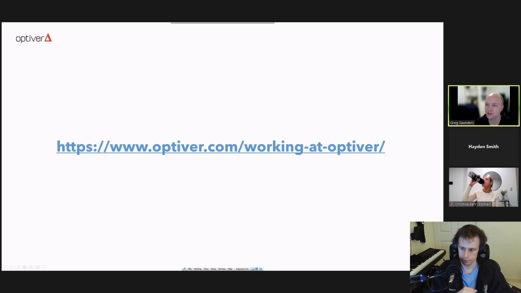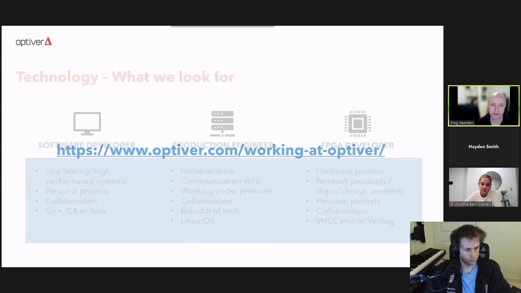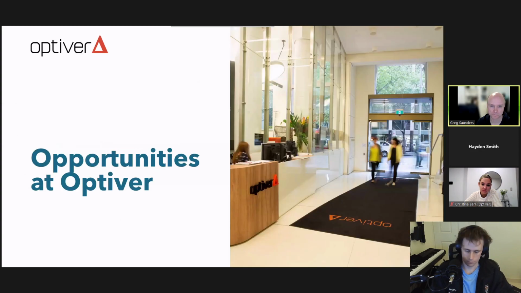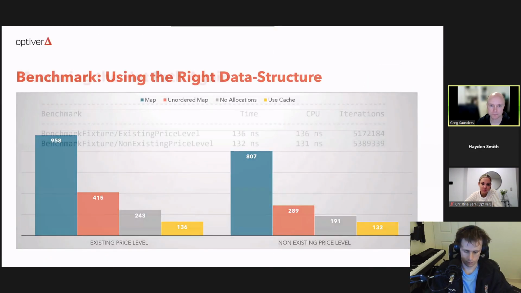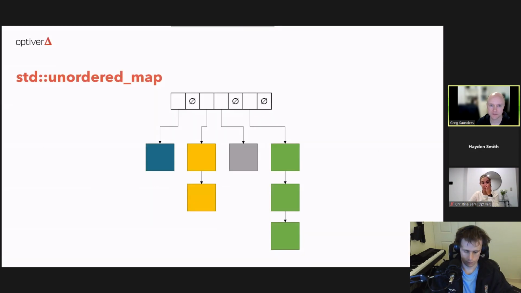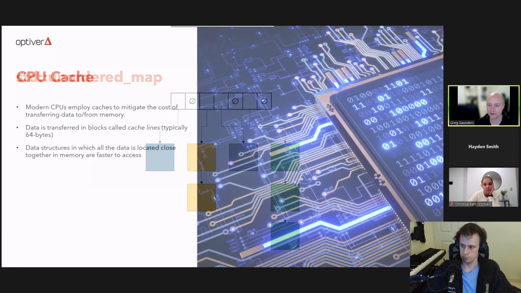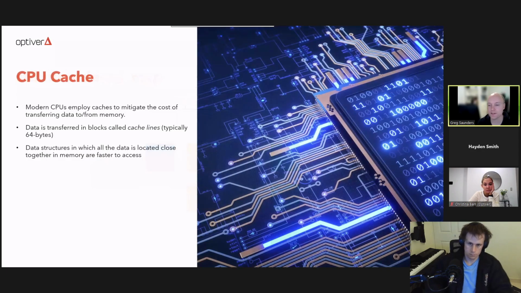One of the reasons why it takes a long time to search an unordered map is because of those collisions. So if you recall, let me see if I can bring it back up here.